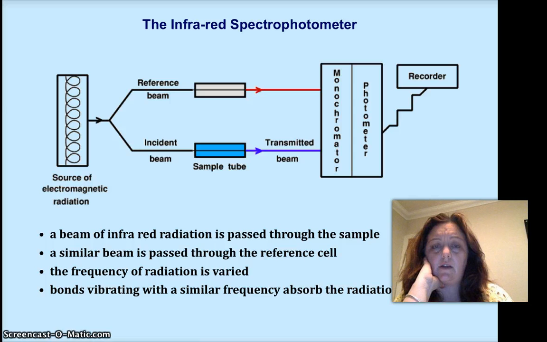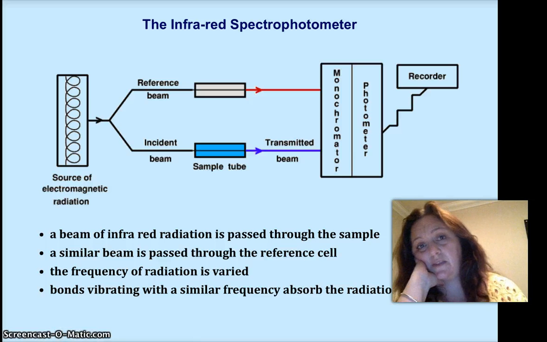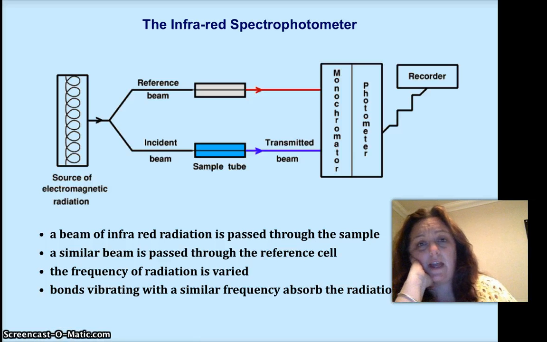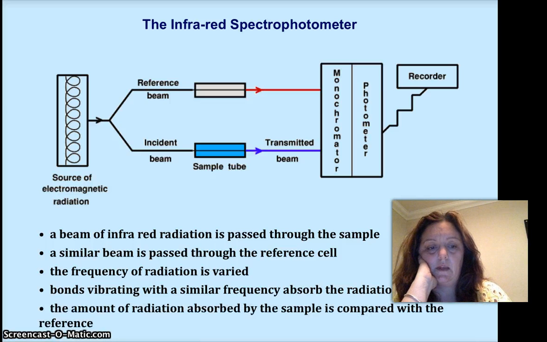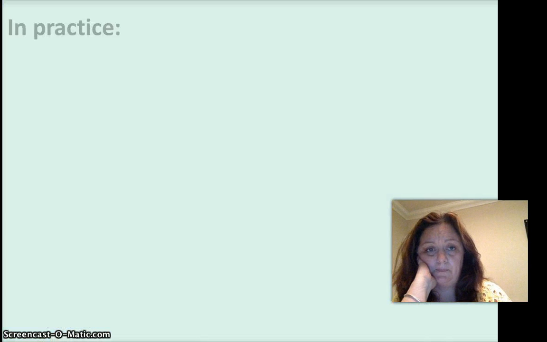Each bond is vibrating at a specific frequency, and if the infrared is in a similar range to that frequency, it will be absorbed by that bond and therefore removed from the infrared coming into the sample, so it will be omitted, if you like, from what's coming through onto the recorder at the other end. And then that is compared to the reference sample to give rise to a plot.